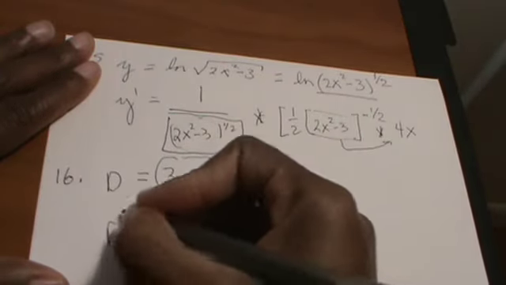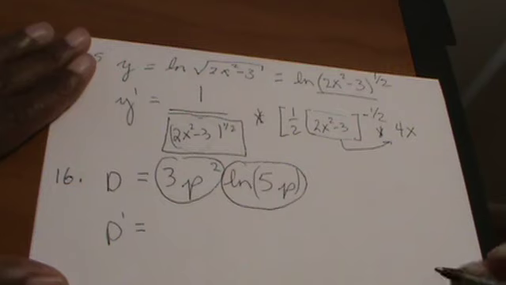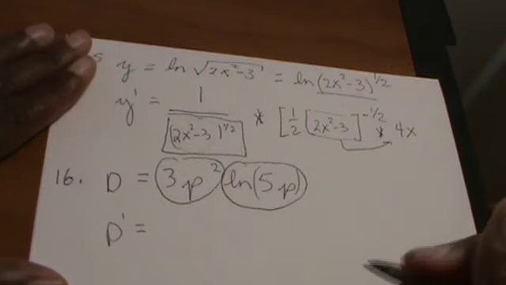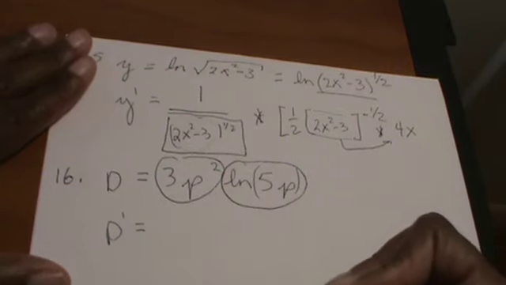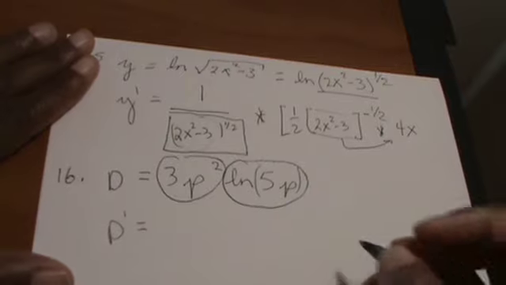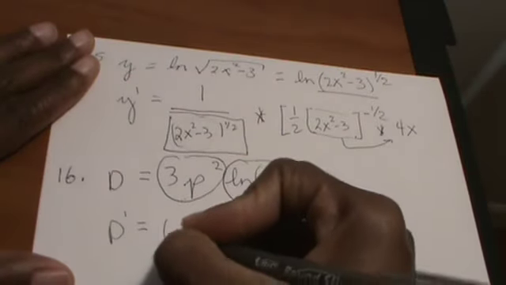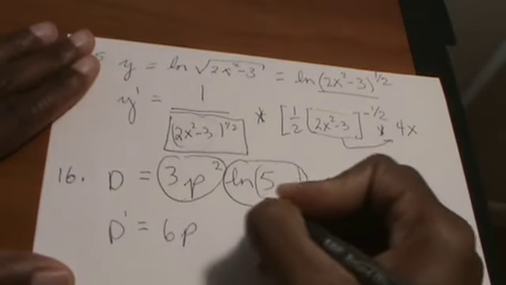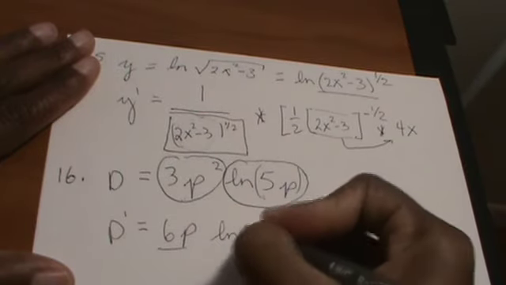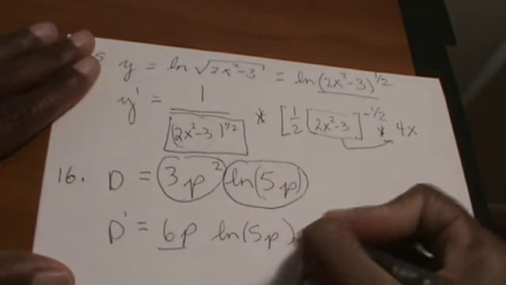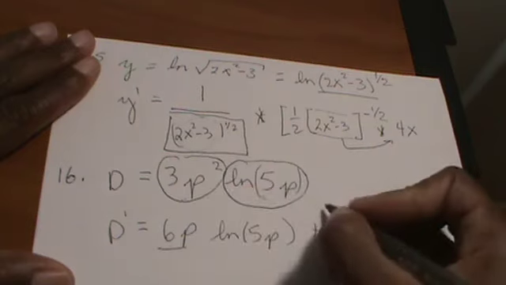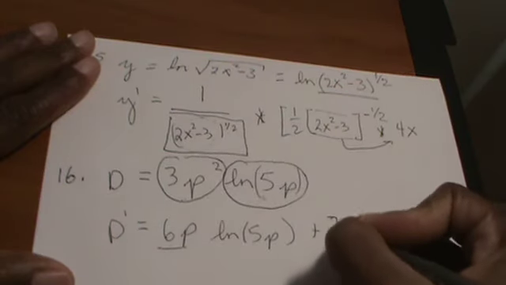Right, so D prime equals, product rule says 2 kids playing Monopoly or Uno or Set. Any game where you have to take turns. The derivative of this first term is 6p, which means this one has to be left alone. Natural log of 5p plus, now the 3p squared is going to sit back and watch.